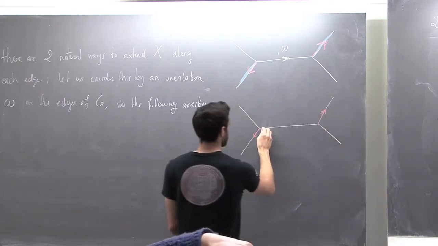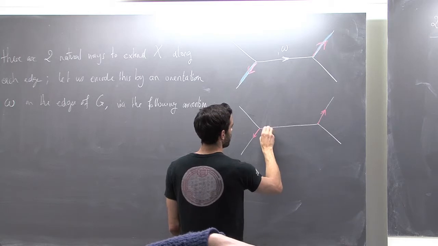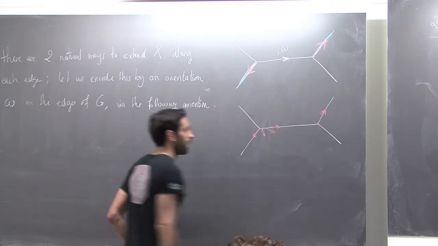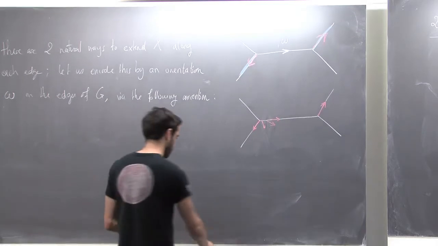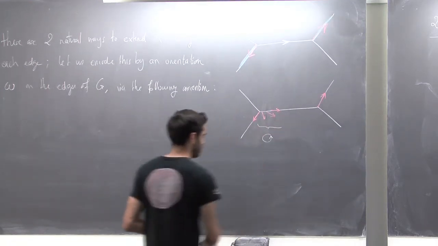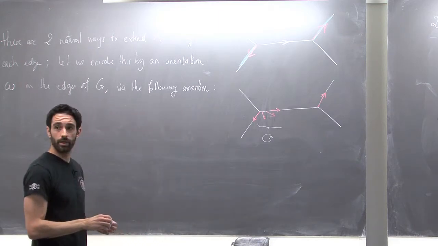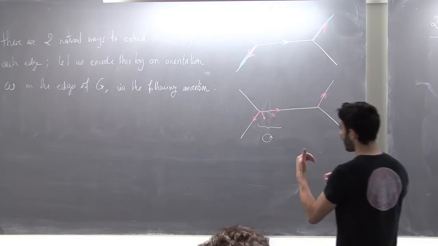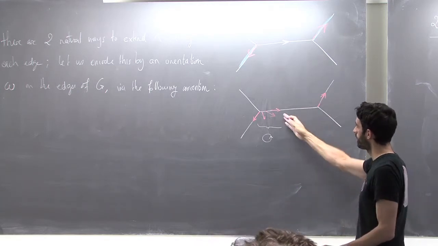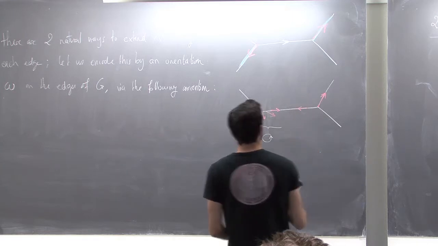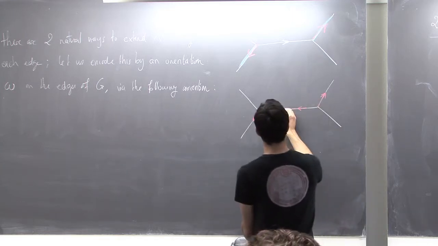So that's the first part. I go like this. I turn counterclockwise until I face the direction of the edge. Second part, I will turn clockwise until I face in the other direction. So this means I do like this.